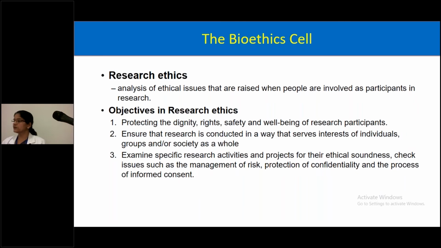So in whichever department you are, you will have a thesis or a project guide, and that faculty member will be the principal investigator and you will be the student of that research project. So that is how it goes. And it is important to safeguard the rights of both the participants and the principal investigator, the faculty member, and of course the student who is participating in the research.